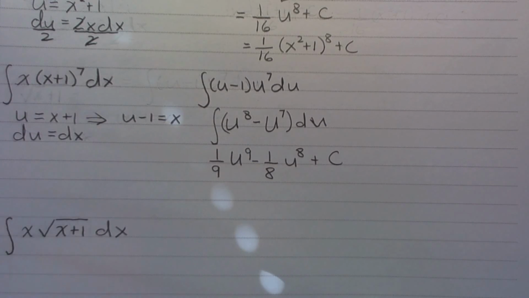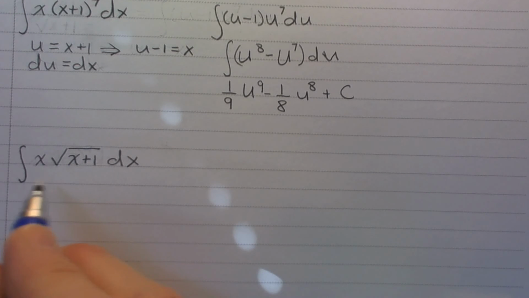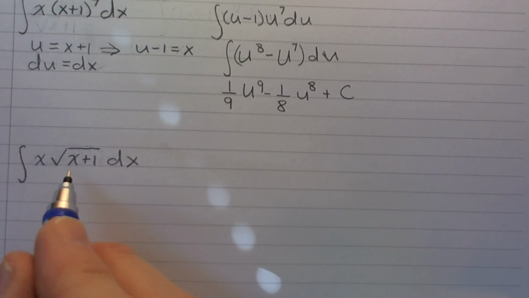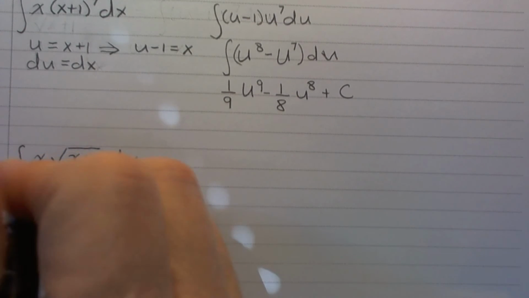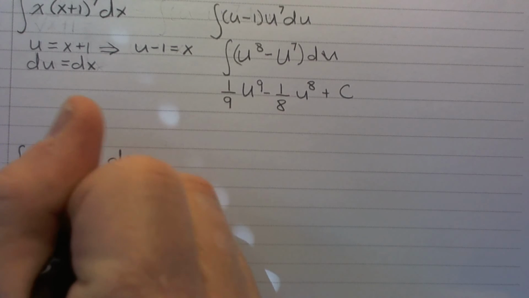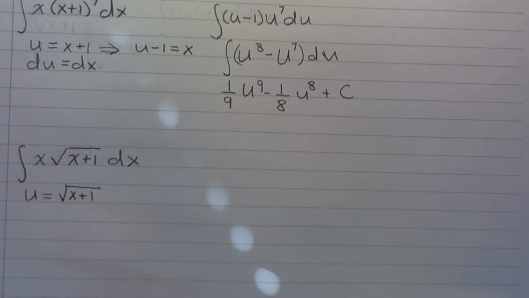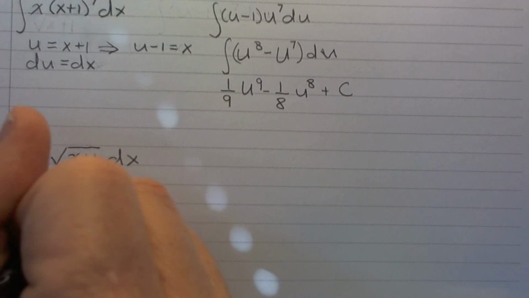Now, this one, of course, is very similar to this, but I notice it's got a square root in it. And a lot of times, if I'm integrating, I would rather not have to deal with a fractional exponent, like u to the 1/2 or something like that. So what I might want to do is just let u be the entire radical, the entire square root. Now, if I do that, notice what I can do next.